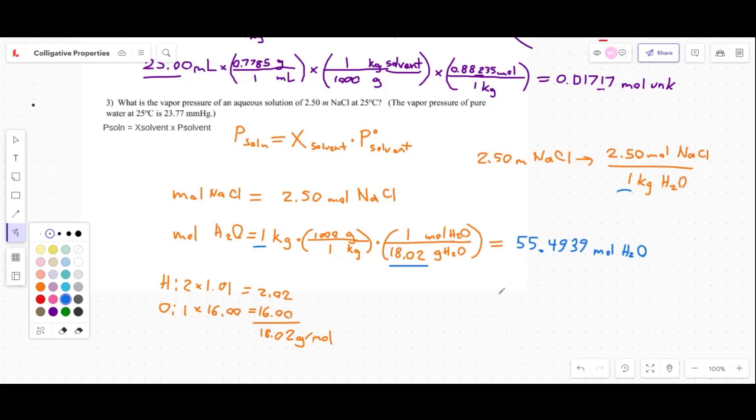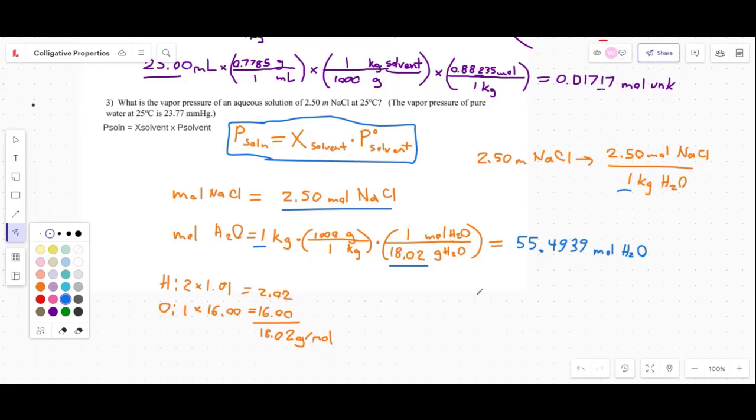So now that we have the moles of water, and we also have the moles of NaCl, what can we do with that in terms of this equation up here? We can use the moles of sodium chloride and water to find the mole fraction of water itself.